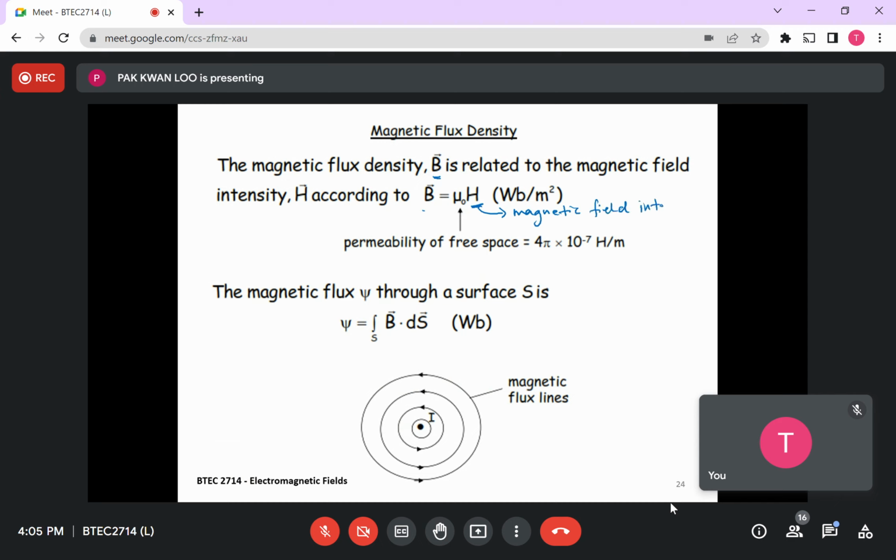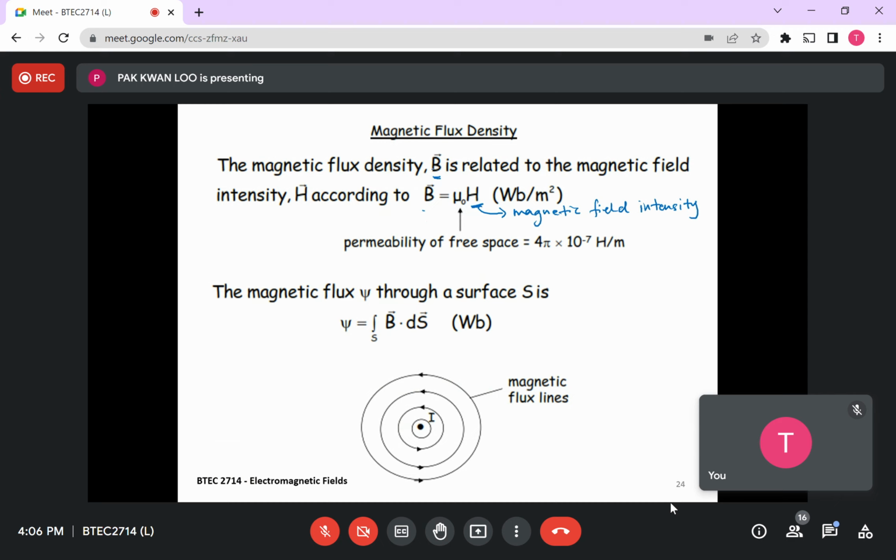You should be aware by now that the magnetic field intensity is comparable to E, the electric field intensity. While B is called magnetic flux density, the comparable term in the electrostatic field is the electric flux density D.